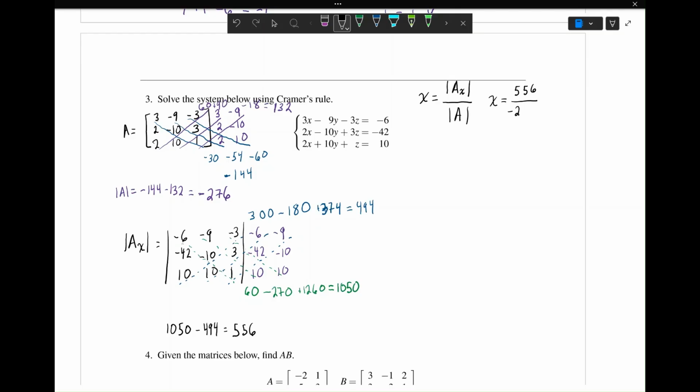I apologize, I wrote down a number wrong. This 374 was supposed to be a 378. I don't know where I got that from. And so this ends up being 498. And that ends up being 552 as our determinant.